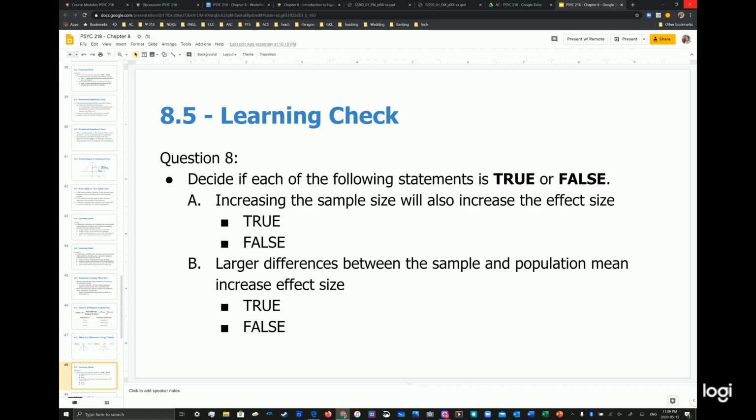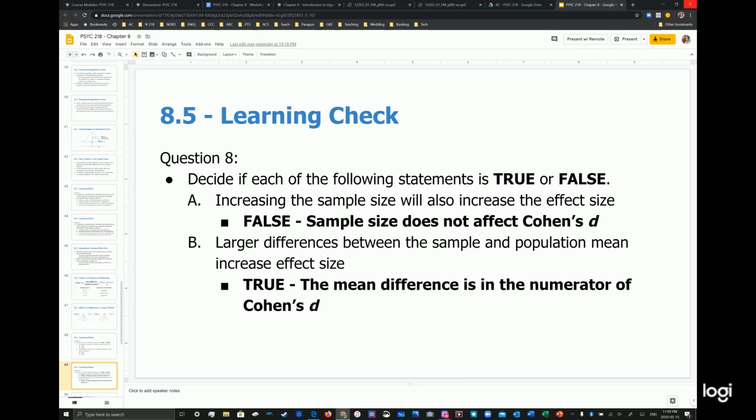Again, you can think about that as well. The difference between the sample mean and the population mean. Here, the sample is the treated sample. Now, something to keep in mind.